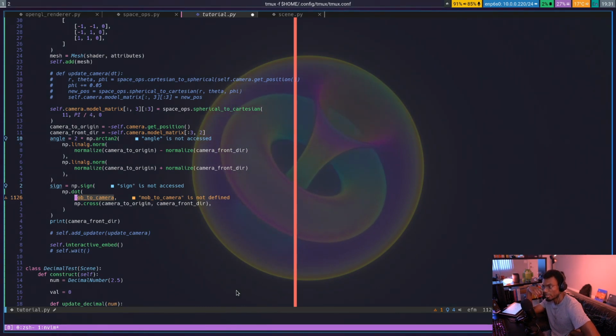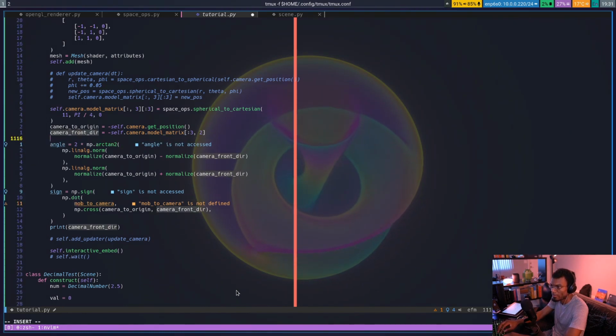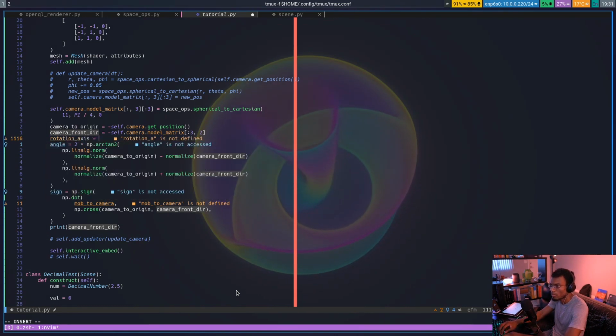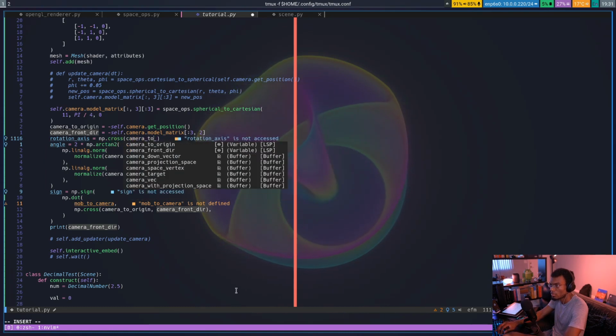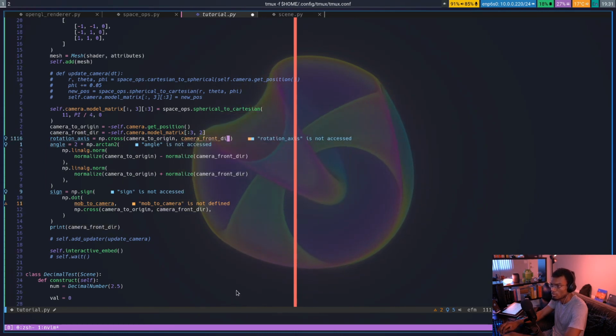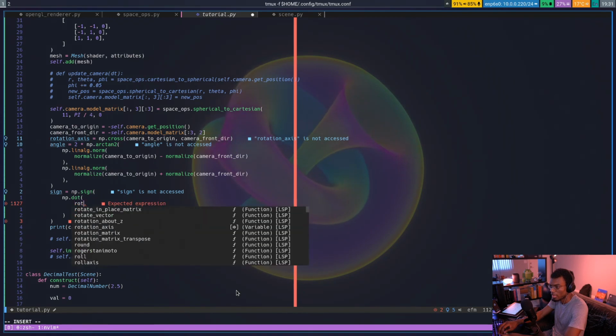I'll need a normal vector for that. But I guess I can get the normal vector just by crossing these, like the rotation axis, just the cross product. So now I can sign it based on the direction of that, I think.